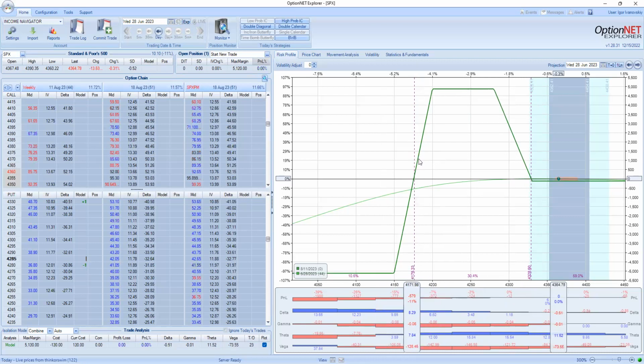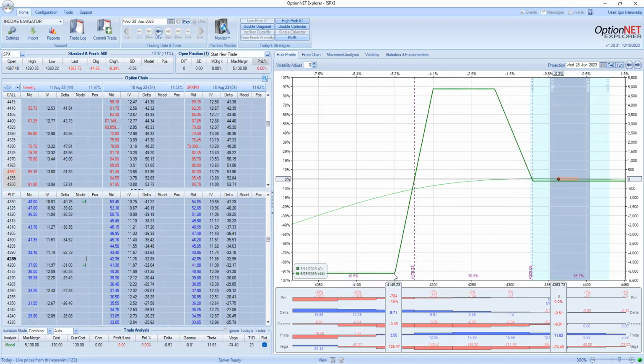We lose 10,000 here. We make 5,000 here. That's minus 5. Add the $120 debit. We will have lost $5,120 if S&P is below 41.50 at expiration, or in 44 days.